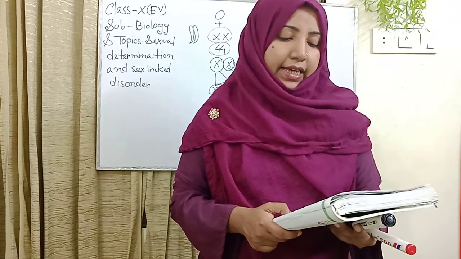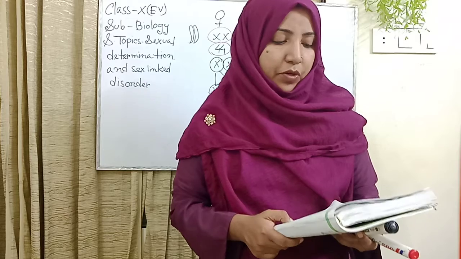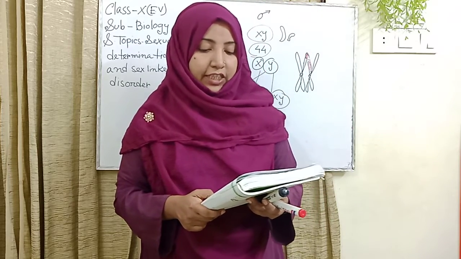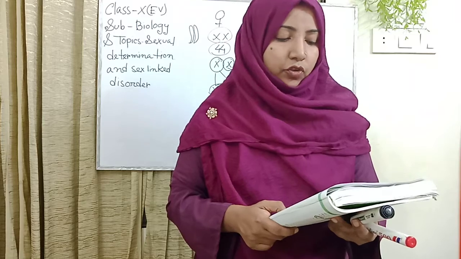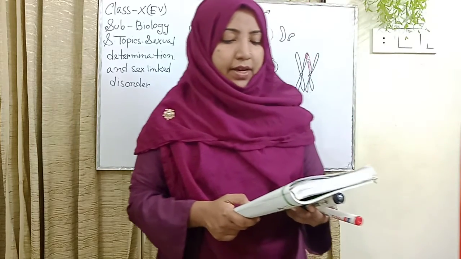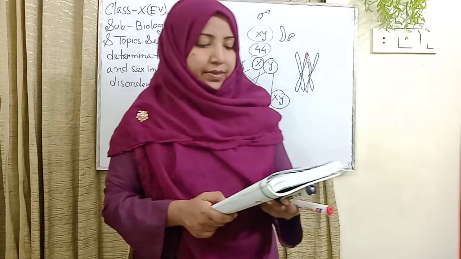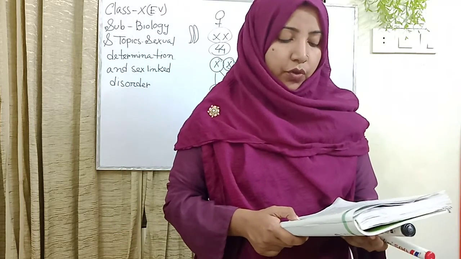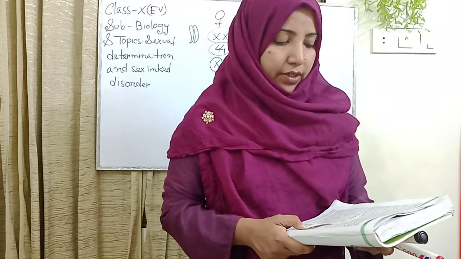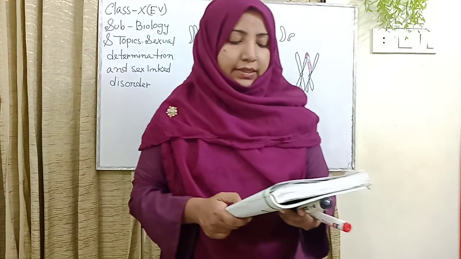Even if one X chromosome is affected by mutation, symptoms of genetic disorders are never expressed as the other X chromosome remains normal. Two X chromosomes in a female are unlikely to have the same type of mutation. So, a female is not usually affected by a sex-linked disorder, but merely acts as a carrier.